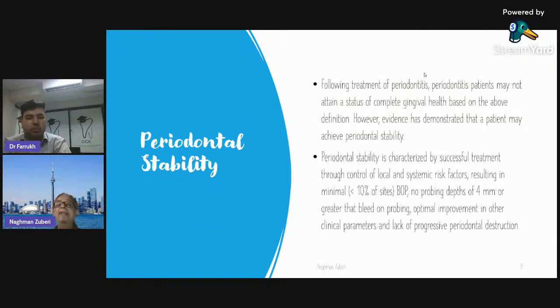And what is that? Less than 10% of sites will have bleeding upon probing. No probing depth means the probing depth is not more than 4 millimeter anywhere. All the sites have probing depths of up to or less than 4 millimeter. Optimal improvement in other clinical parameters and lack of progressive periodontal destruction.